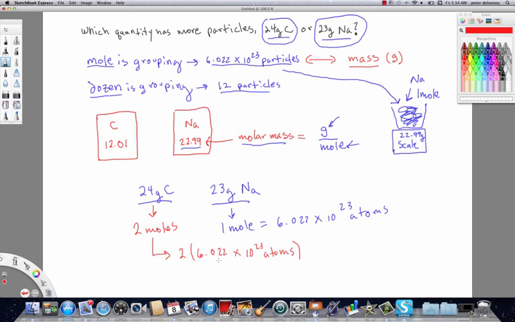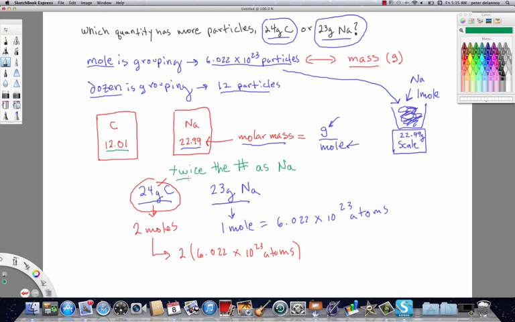So this mass amount of carbon has twice as many particles as the sodium, because we were given 24 grams of carbon, which is literally double this number.